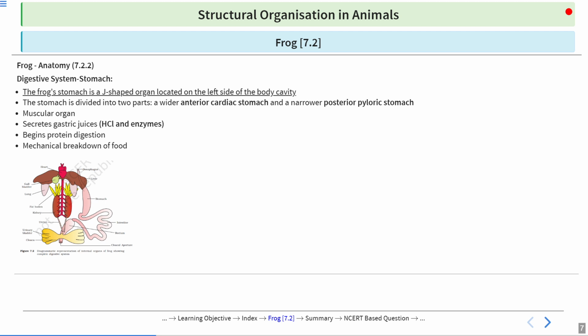That food is called chyme, C-H-Y-M-E. So this is only the description of this structure. We will see how the digestion occurs in the digestion part.